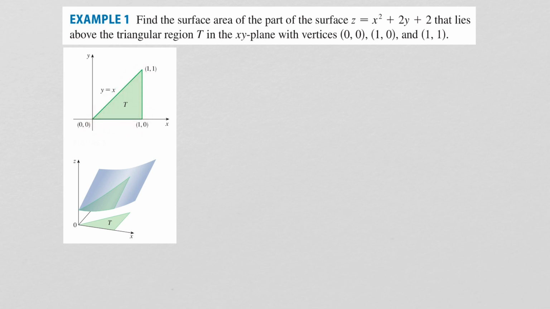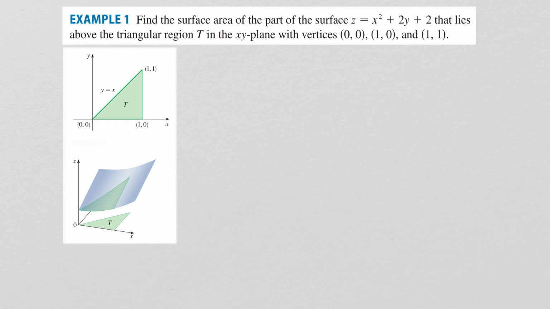In 3 dimensions, you can see our domain down here in the xy plane, that is this here. And if you project that up onto the surface, you get this sort of triangular shape, but it's a little bit curved as well. And this is what we're trying to find the area of, this little piece right here.